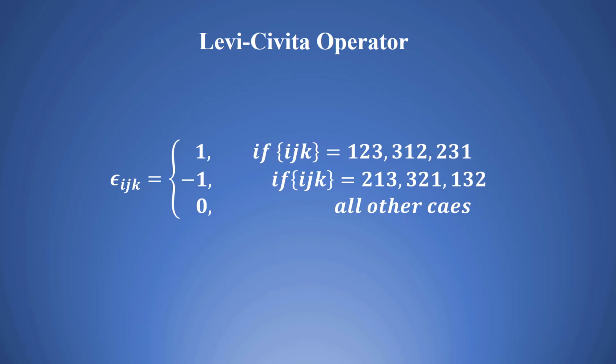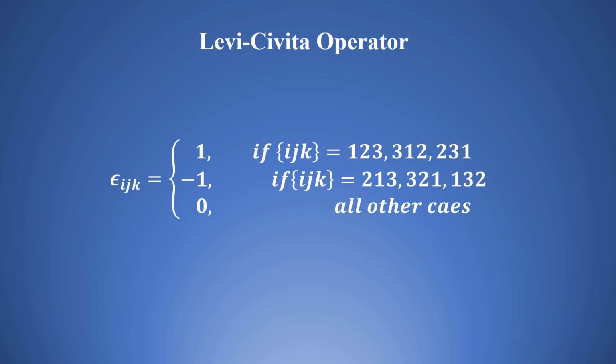The Levi-Civita operator is defined as plus 1 if there is an even permutation, which are related by rotating the numbers around, starting from 1, 2, 3, then 2, 3, 1, then 3, 1, 2.